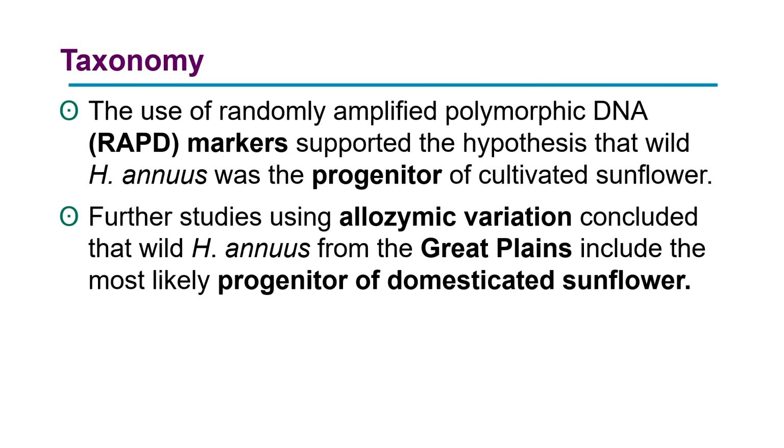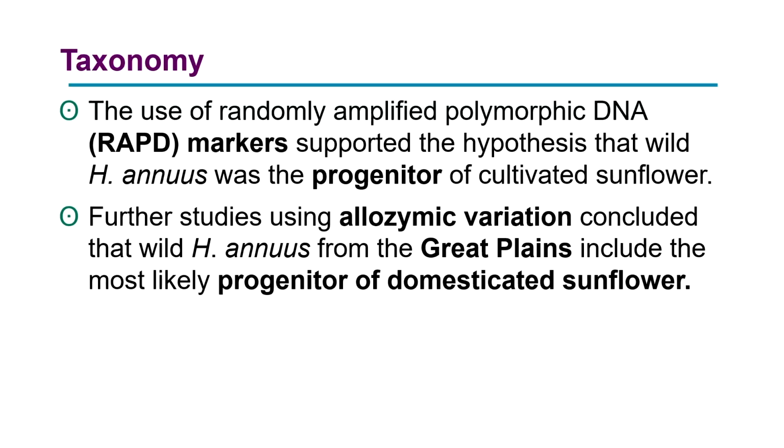Now coming to the taxonomy, which is a kind of classification, the use of randomly amplified polymorphic DNA, commonly called RAPD markers, supported the hypothesis that wild Helianthus annuus was the progenitor of cultivated sunflower.